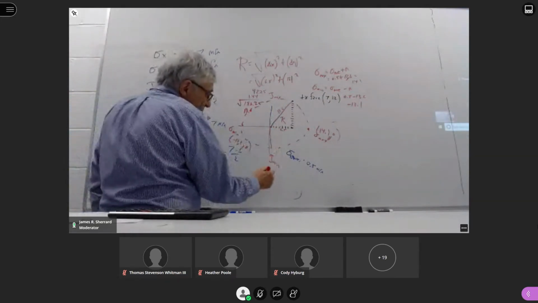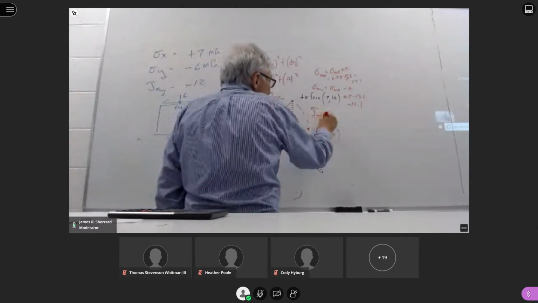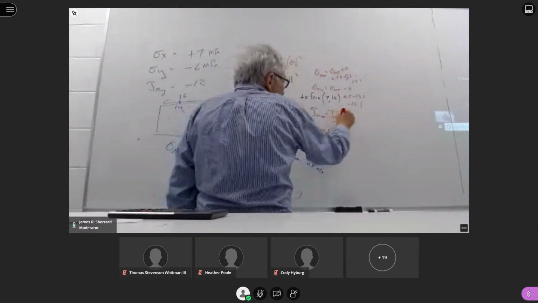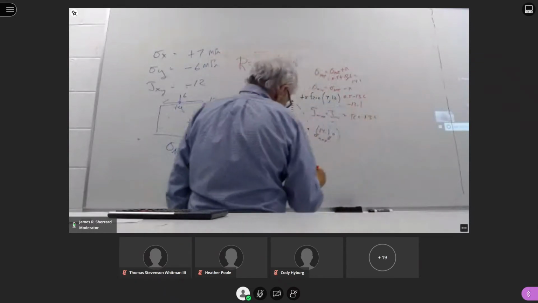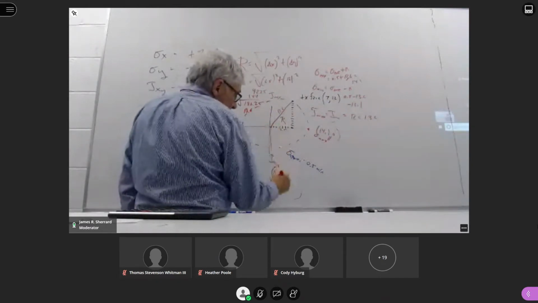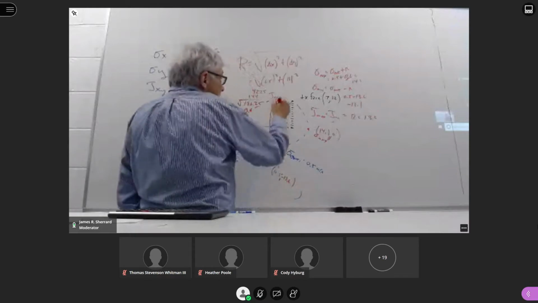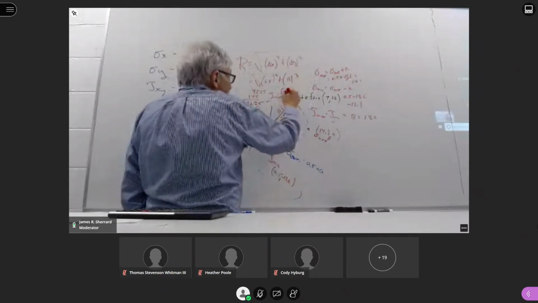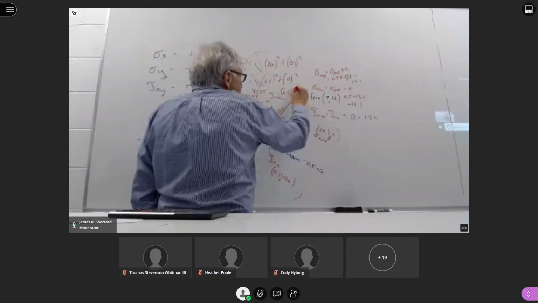If I go directly down, tau max is equal to tau min is equal to R, which is equal to 13.6. So this point is 0.5 and minus 13.6. This one is 0.5 and plus 13.6.